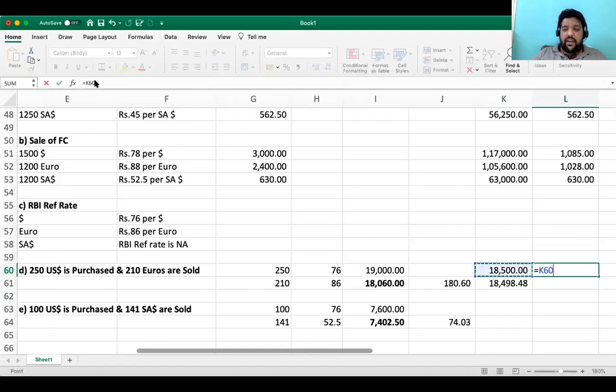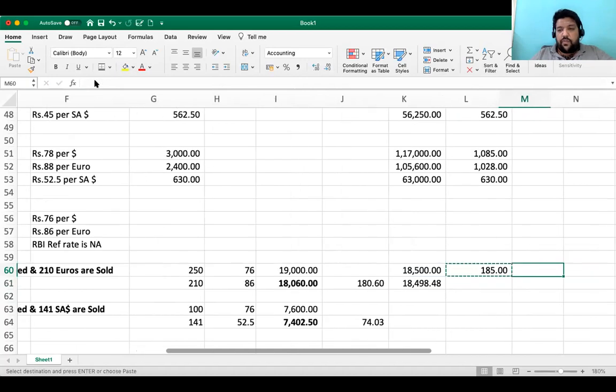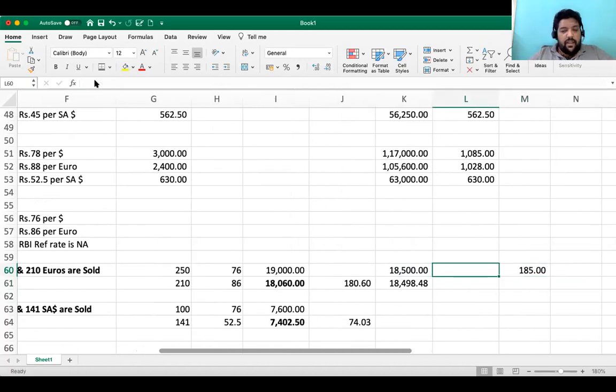On 18,500, 1% if I calculate, it will come 185. So it will not be 185. It will be a minimum value of 250. Because the value of the gross amount of currency exchange is less than 250, 250 will be treated as the base.